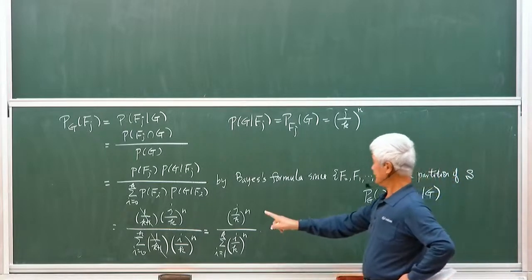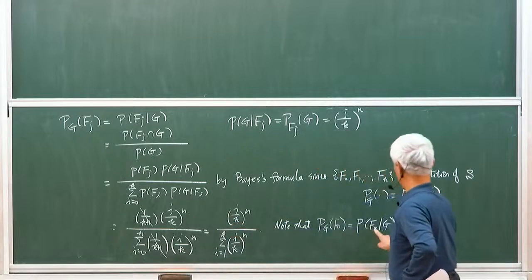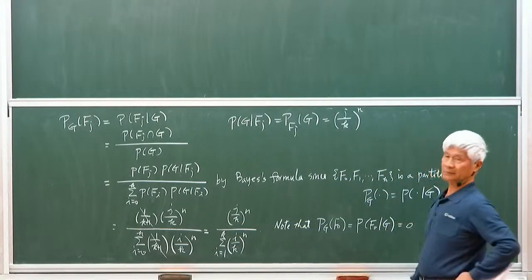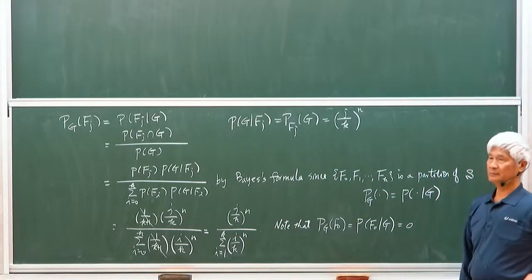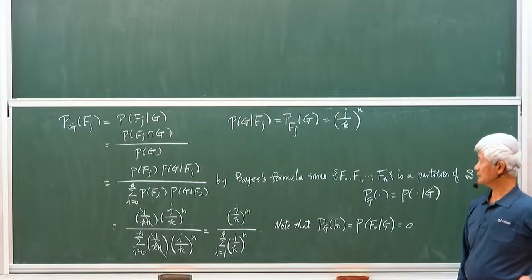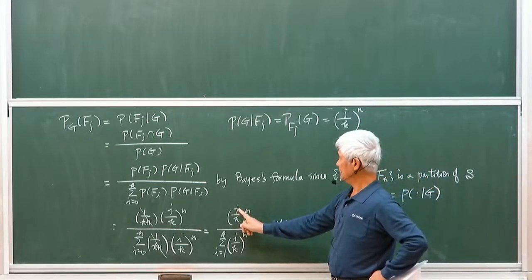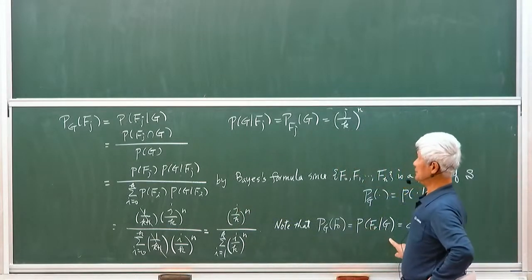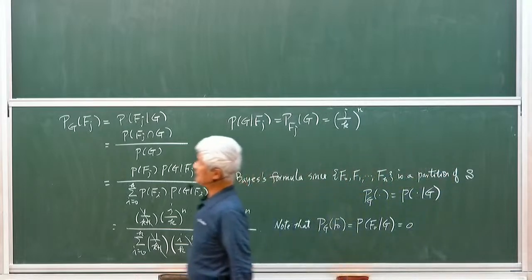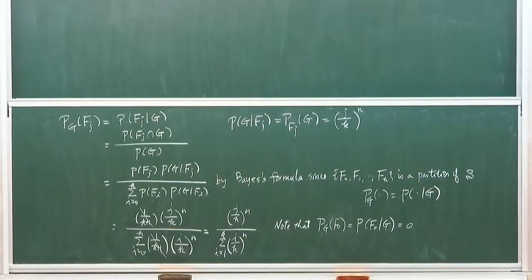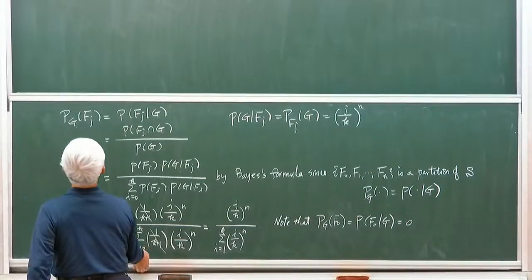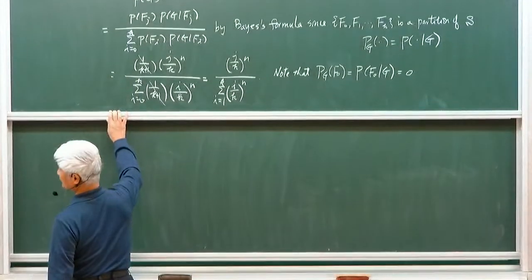Now, if j is 0, we know this is 0. Since when j equals 0 this term is 0, the summation can be reduced.